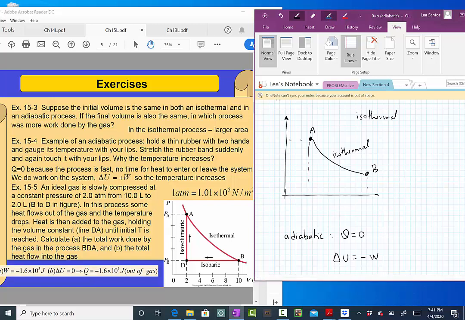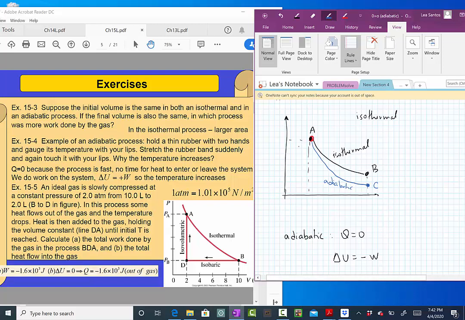So as we said, in an adiabatic process, this curve will end up somewhere below. We start both at the same point, but in the adiabatic, we are going to end up at a lower point, this point C here, because the temperature has to drop. So this PC VC will be smaller than the PA VA, because the temperature dropped.